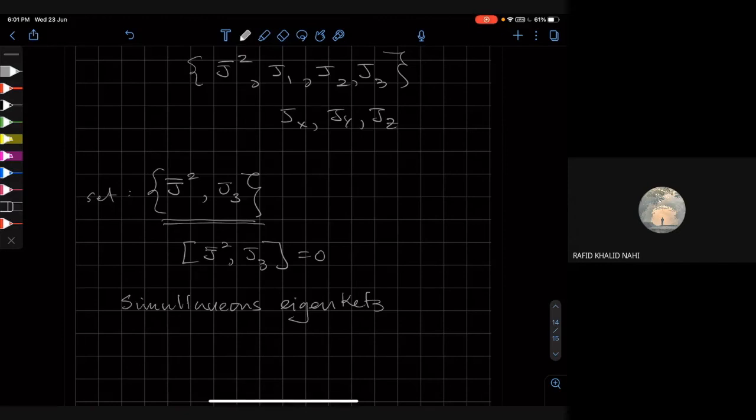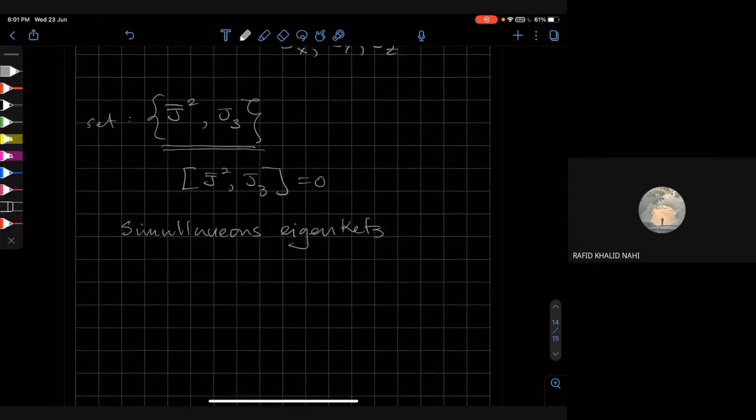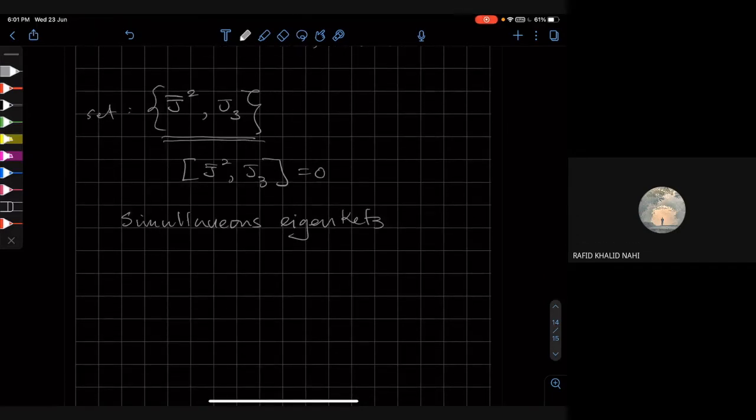Now, they're going to have the same J squared eigenvalue, all of them, because everything commutes with J squared. So sometimes we'll forget to point out the J squared eigenvalue, but let's not forget that right now.